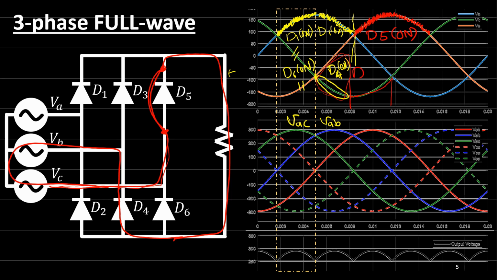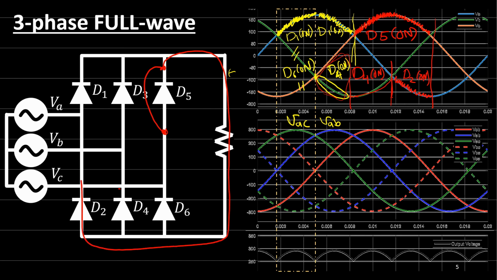So here also diode 4 is on, but from here to here you'll find that the blue voltage, which is A, is smaller than other voltages, so diode 2 will be on, and so on and so forth. So for this cycle here, diode 5 is conducting, the current is going here, and diode 2 then is conducting and going in this way.